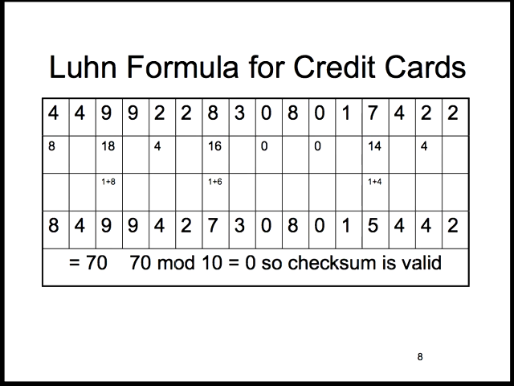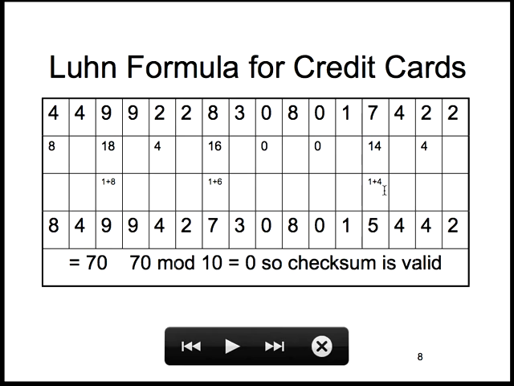Now, you add the digits together then, so 1 and 4 becomes 1 plus 4 to give you 5. And 16 becomes 1 plus 6 to give you 7. Now, in terms of programming, actually, that's a right wild pain in the arse.